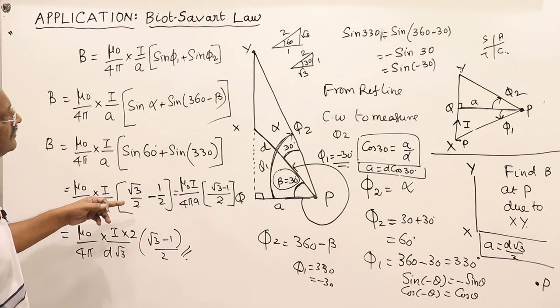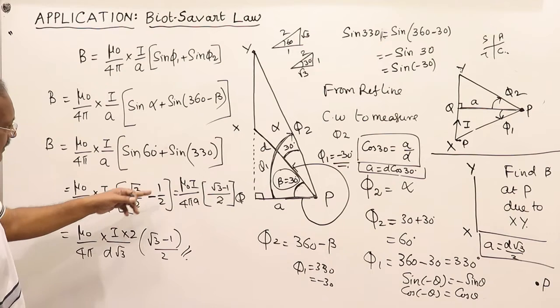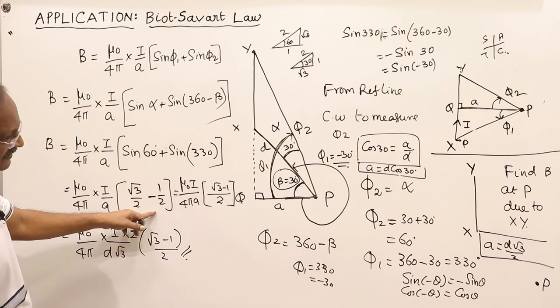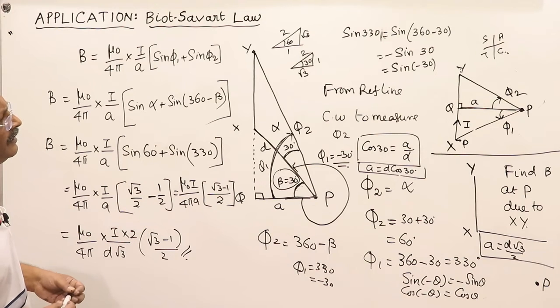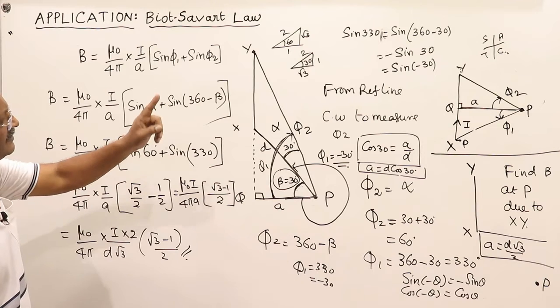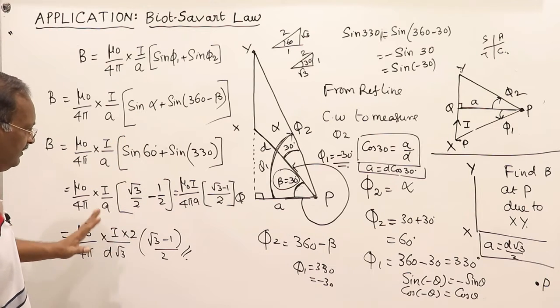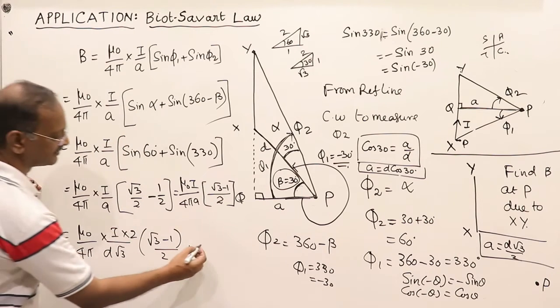Sin 60 is equal to root 3 by 2, and sin 330 is equal to minus of sin 30. Sin 30 is 1 by 2, minus of. Okay, 2 we have taken. So these are the calculations.